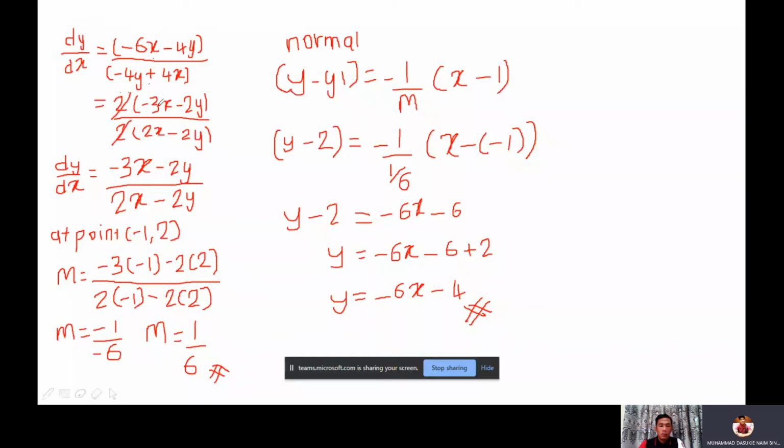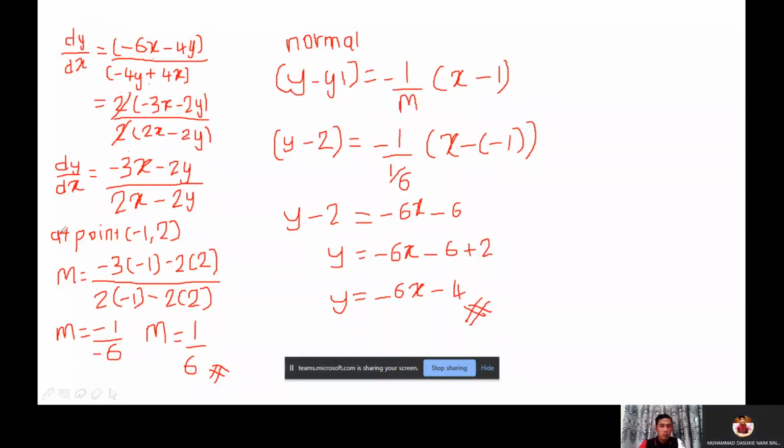Now you have negative 3x minus 2y per 2x minus 2y, and you take down the differentiation: dy/dx equals negative 3x minus 2y per 2x negative 2y. So we have done the equation.